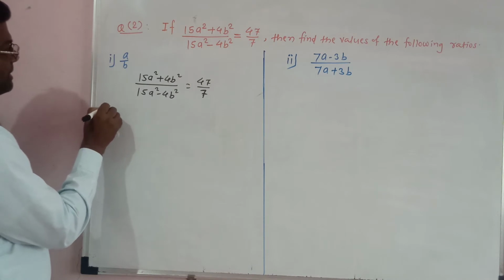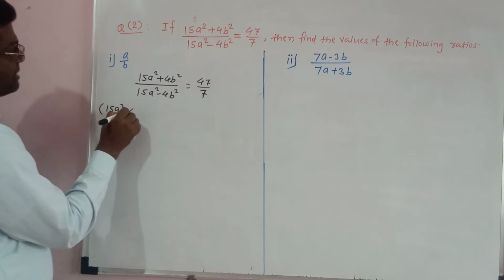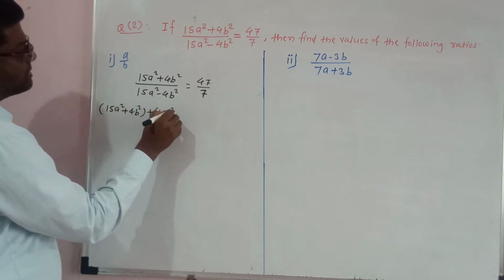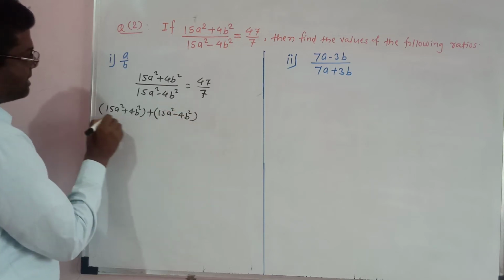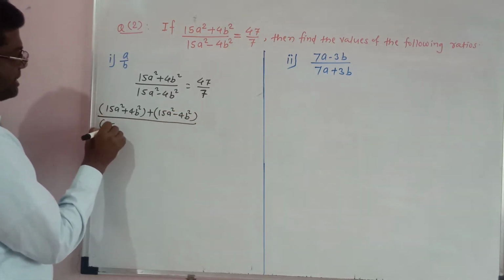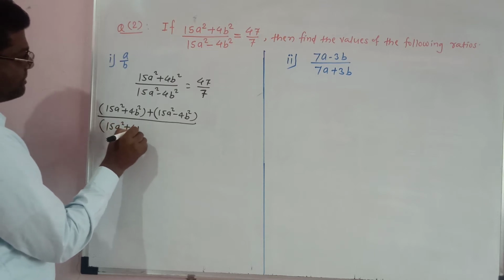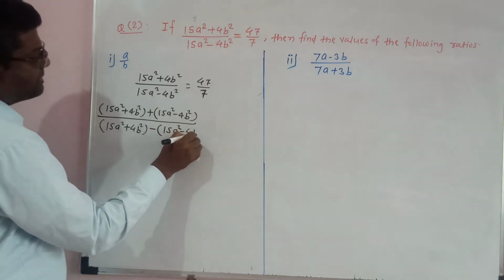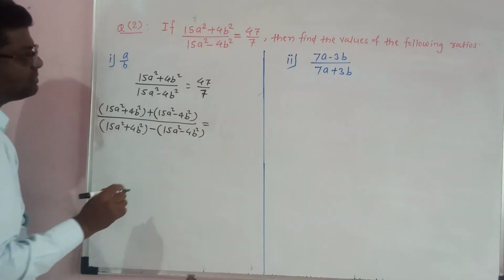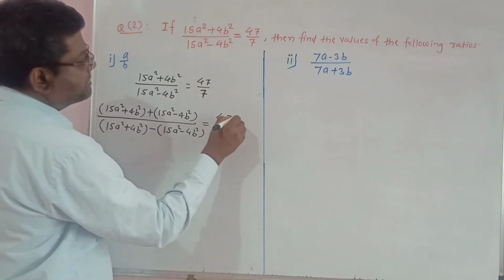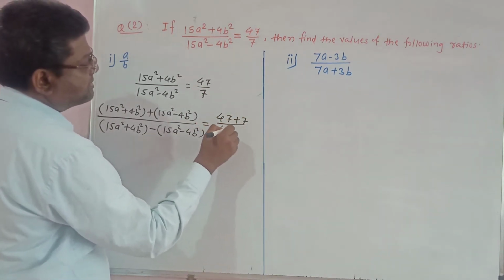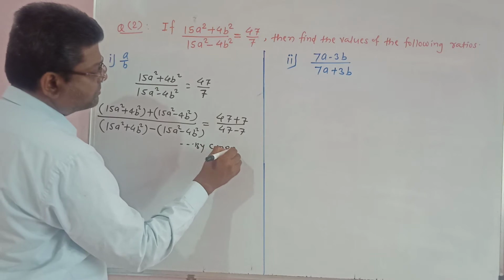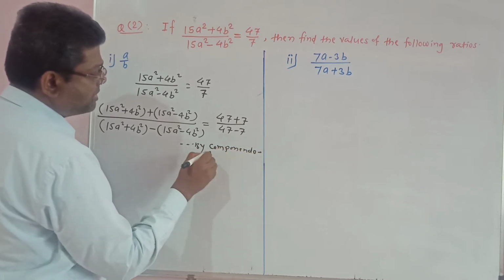Therefore we have 15a square plus 4b square plus 15a square minus 4b square upon 15a square plus 4b square minus 15a square minus 4b square is equal to 47 plus 7 upon 47 minus 7, and the reason is by componendo dividendo.